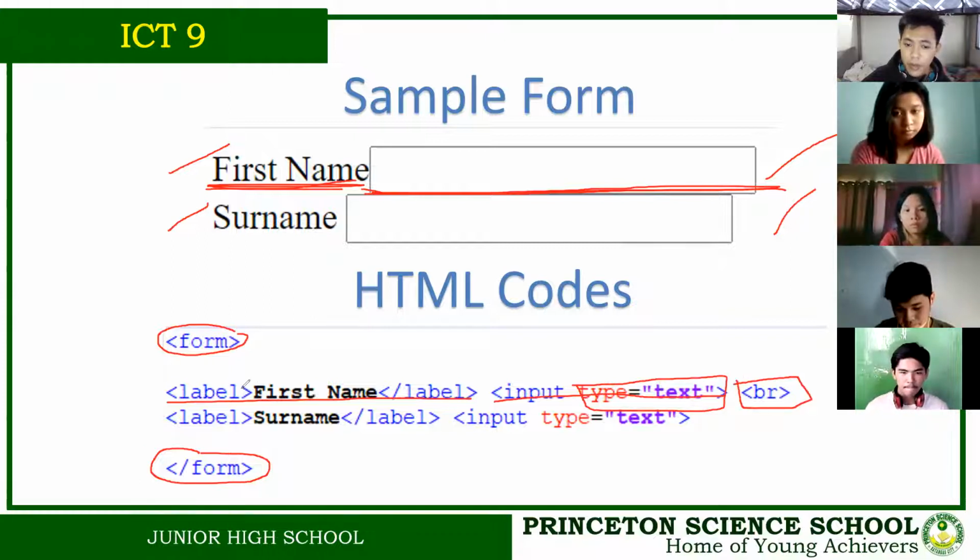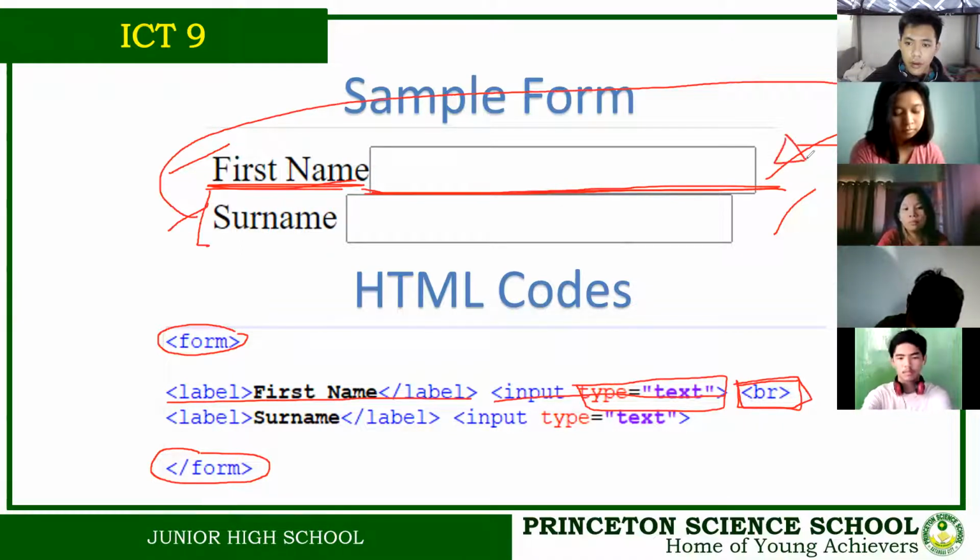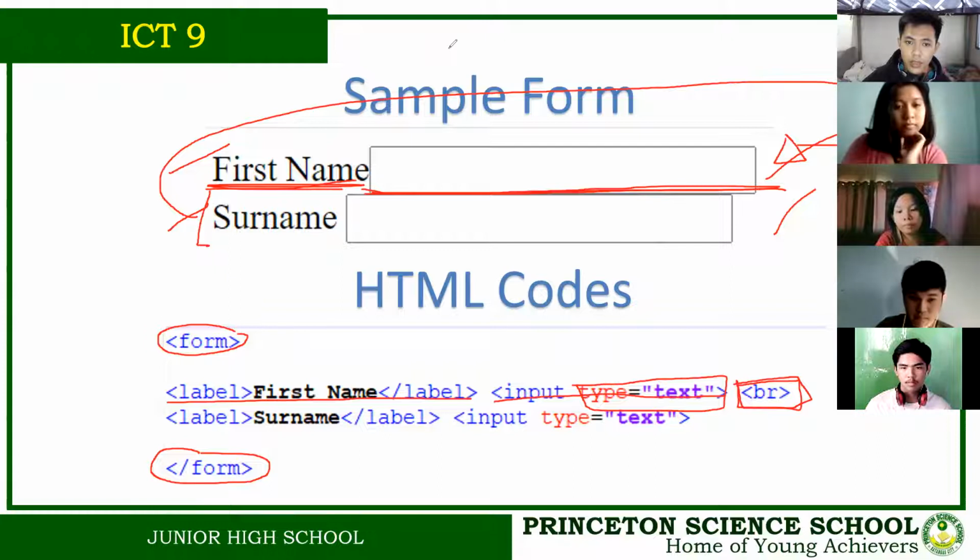Keep in mind, if you're going to make a survey, always provide a BR, otherwise the surname will appear right next to the previous one. So let's try this one first.